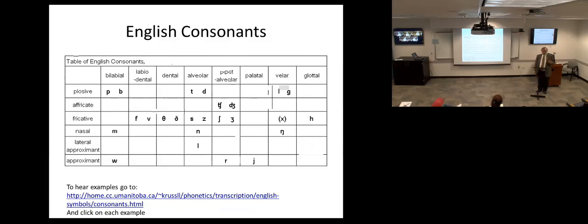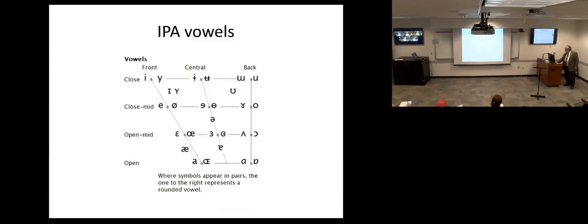They change slightly. There's a few cases where things are different. There's the glottal stop, for example, which is not here, but it would be here. The glottal stop is used differently.